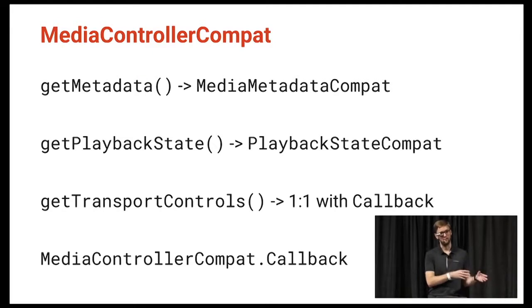Then our callback will instantly get a callback saying like, hey, the metadata has changed. You should update the UI to match the new metadata. All of a sudden, our UI is now totally in sync with our service without us having to write any crazy communication code between our service and our UI because we're using media controller compat.